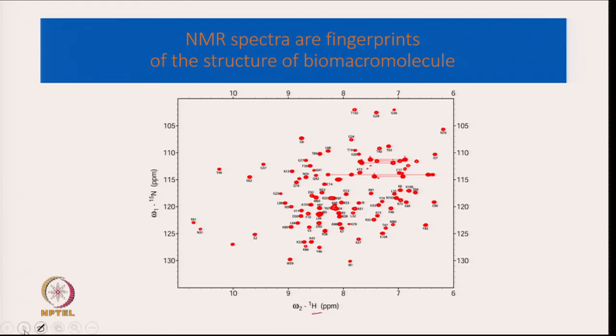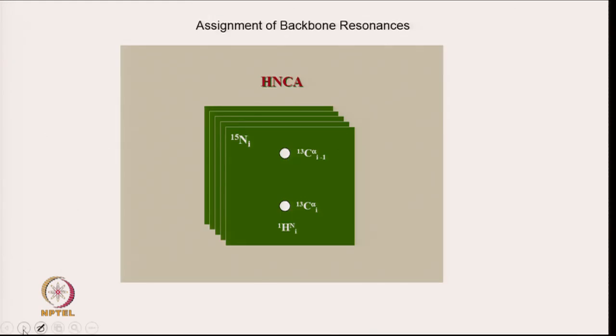The assignment is done using 3D experiments, for example, HNCA, where the correlation between a proton attached to nitrogen and C alpha is seen. Basically, here you are looking at the correlation between the proton attached to nitrogen and C alpha.